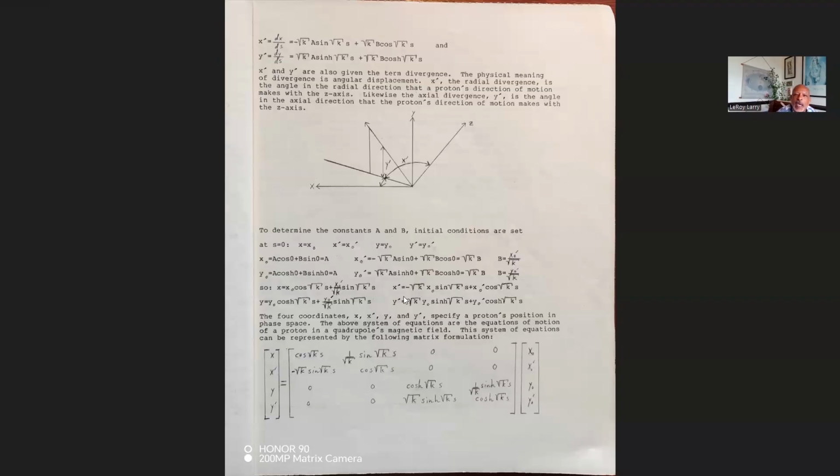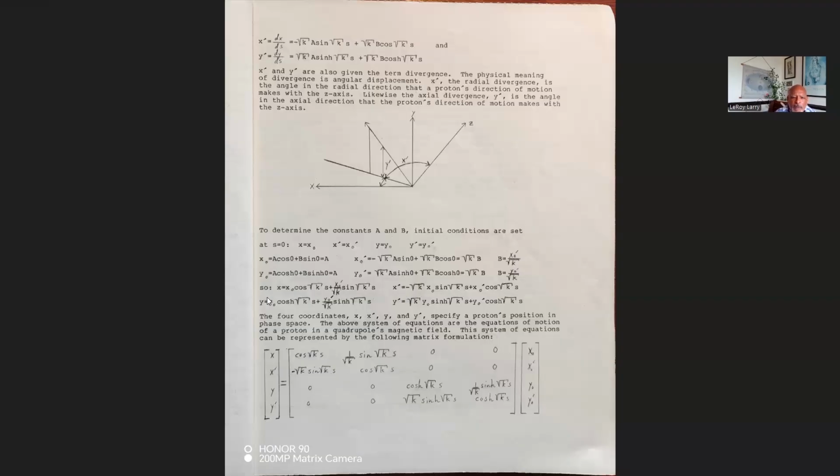That's what that represents. It's like a velocity, but not with respect to time, but with respect to distance along the z-axis.